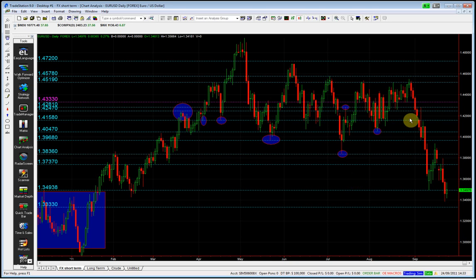But here we're making lower lows and lower highs. The direction is down. The aggressive price action is on the sell side still. So take this into account. Now, before we go to the 200 tick chart, just see this 134.93.